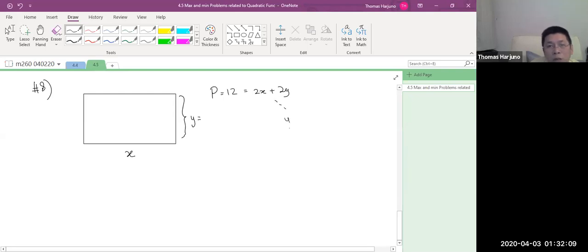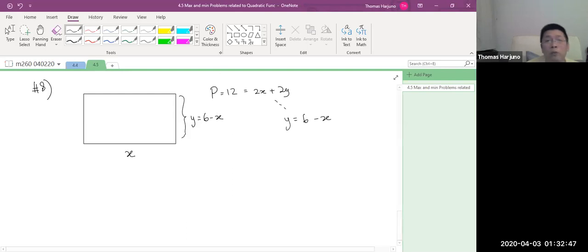The same routine we did earlier. The y will be 6 minus x, because the perimeter of that rectangle is 12, right?